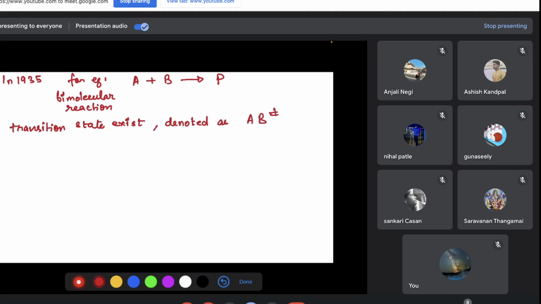So we can actually write the above reaction as A plus B is in pre-equilibrium with transition state AB‡, and finally this gets converted into the product P.